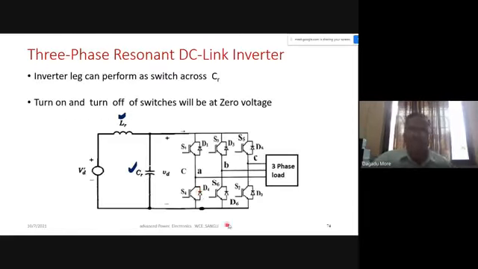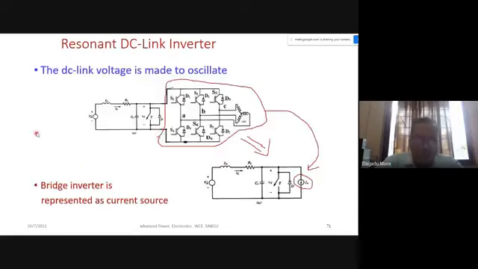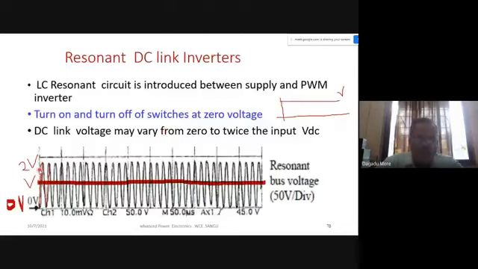Our interest is that this DC link voltage may go 2 times or may go up to 3.5 times. But considering the voltage rating of the device, normal practice is that the voltage across the capacitor is not allowed more than 1.5 times. Here we have shown it is going to 2 times, but it is advisable not to go for 2 times.